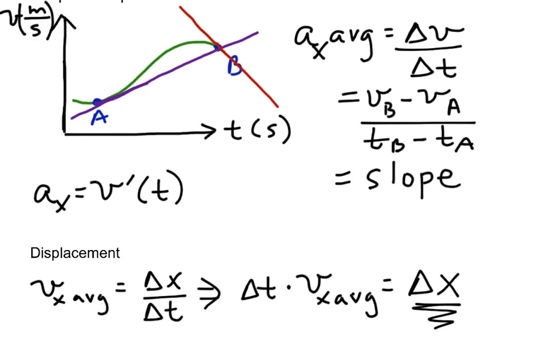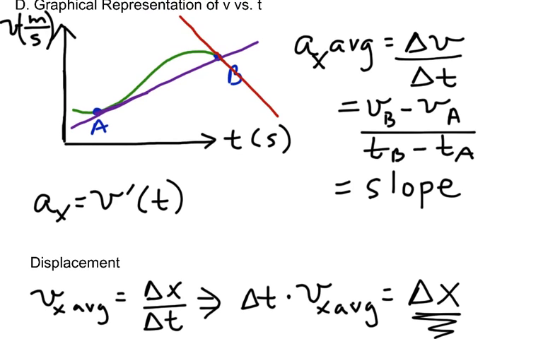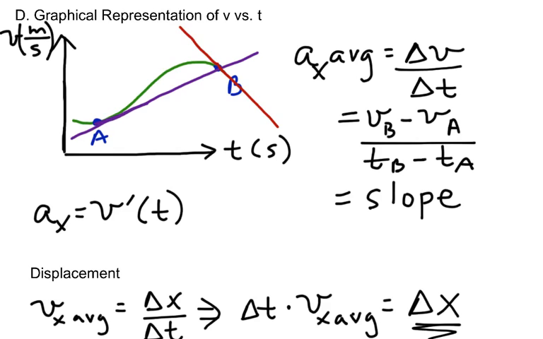If we look at this graph a little bit closer, we can see that on the y-axis I have my velocity value, and on my horizontal axis, if you will, I have my time. So one way of looking at this is if I multiply whatever value I'm interested in on the vertical axis by my value on the horizontal axis, or my velocity multiplied by my time, that should give me my displacement.